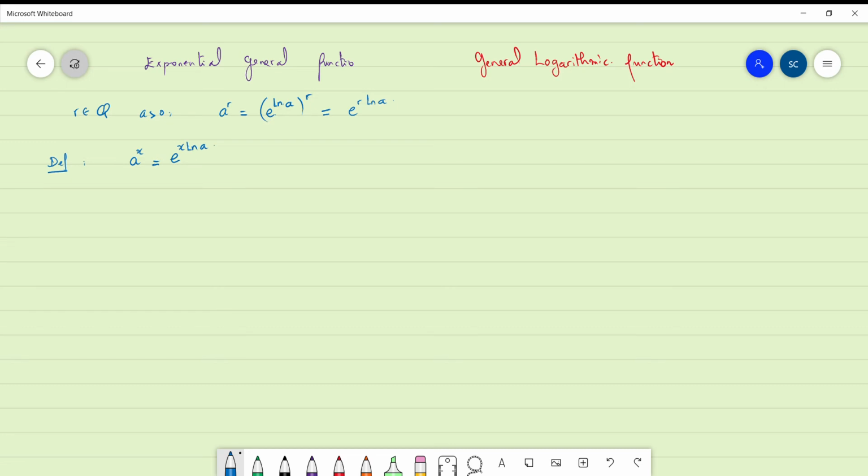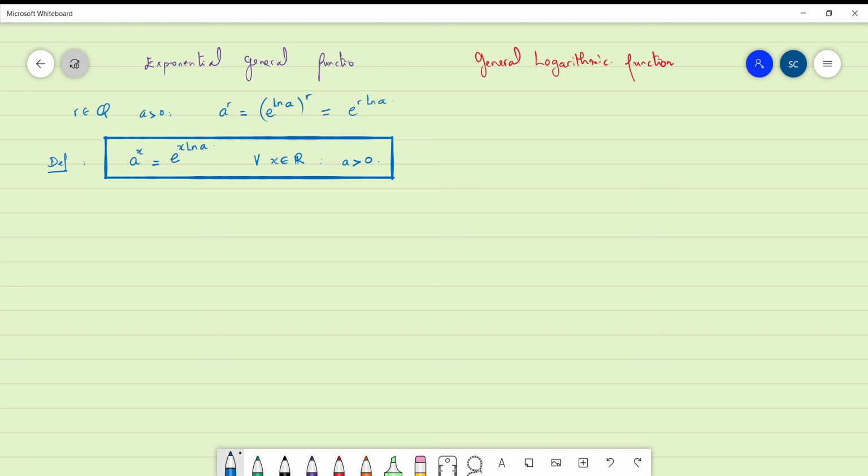It is well defined for any x in R and a positive. So this is our main definition.